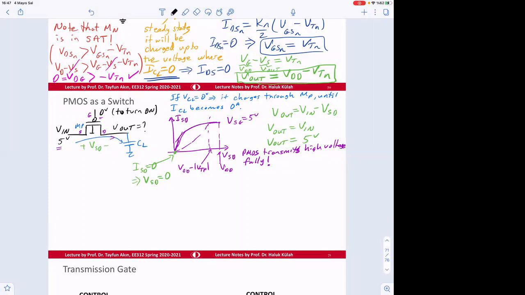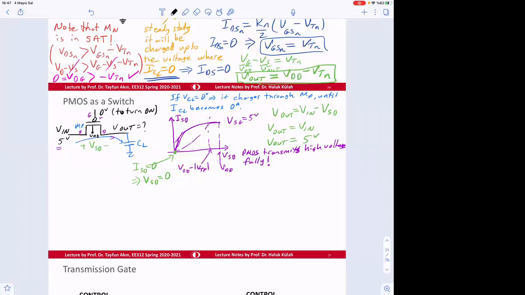By the way, the bulk is going to be connected to ground here. So the other case is, sorry, this is connected to VDD, the highest voltage.